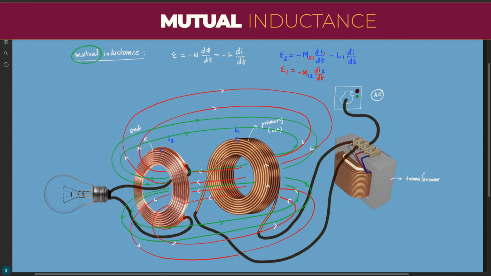Now this di dt is for its own current, so I can write this one as 1, okay? And for the second one I should write L2, and this will be di dt. I'm sorry, this will be 2, right?